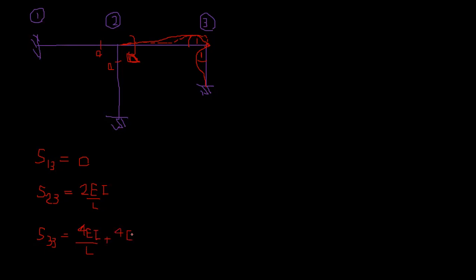Both of them are clockwise, so every time we got clockwise moment, that's why everything is positive. Because this length is L, okay. This is only 3L over 2.